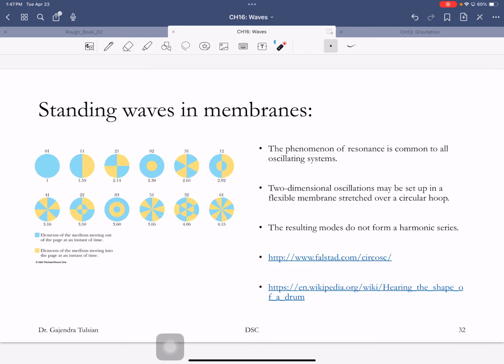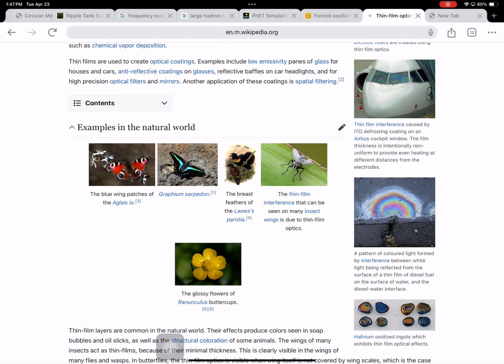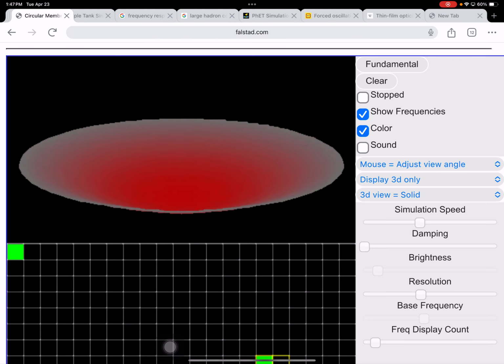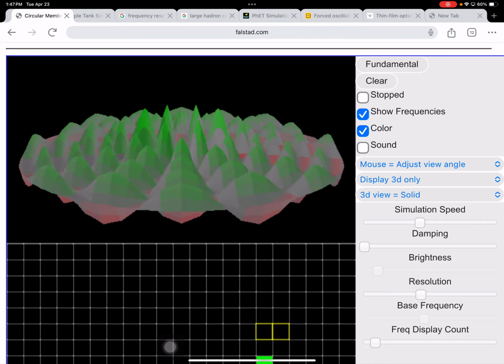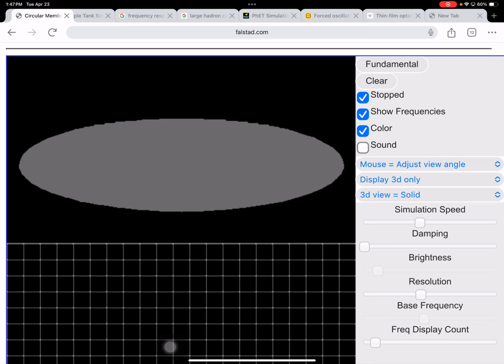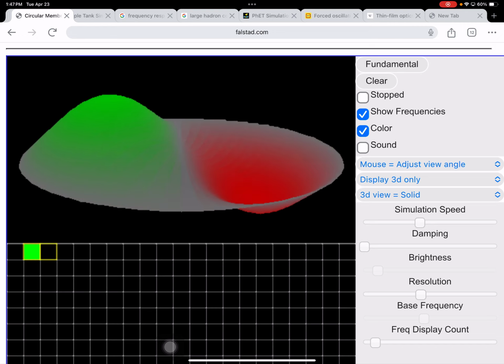Okay. So let me show you how a drum head vibrates. So there is the fundamental mode. There's the next mode.